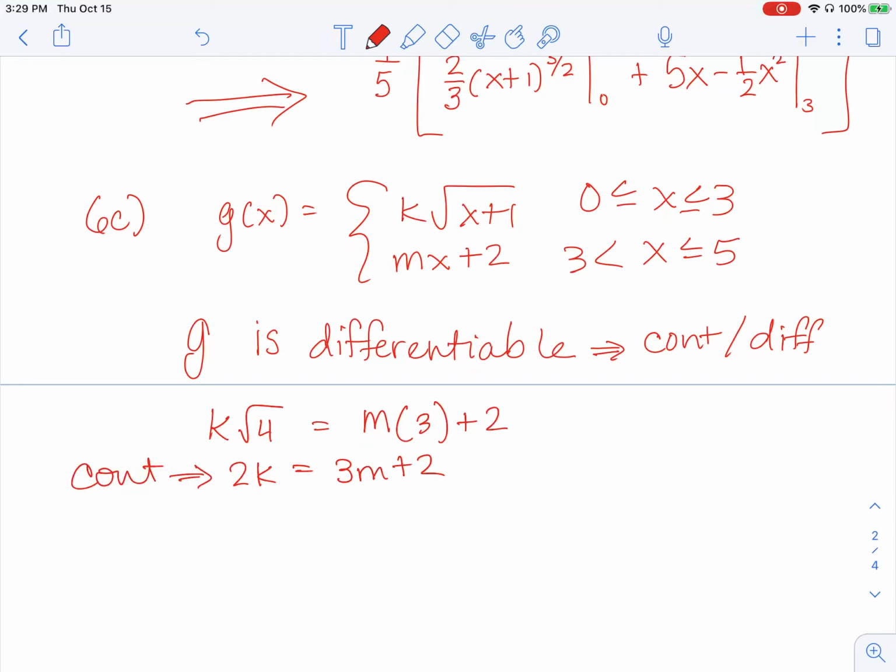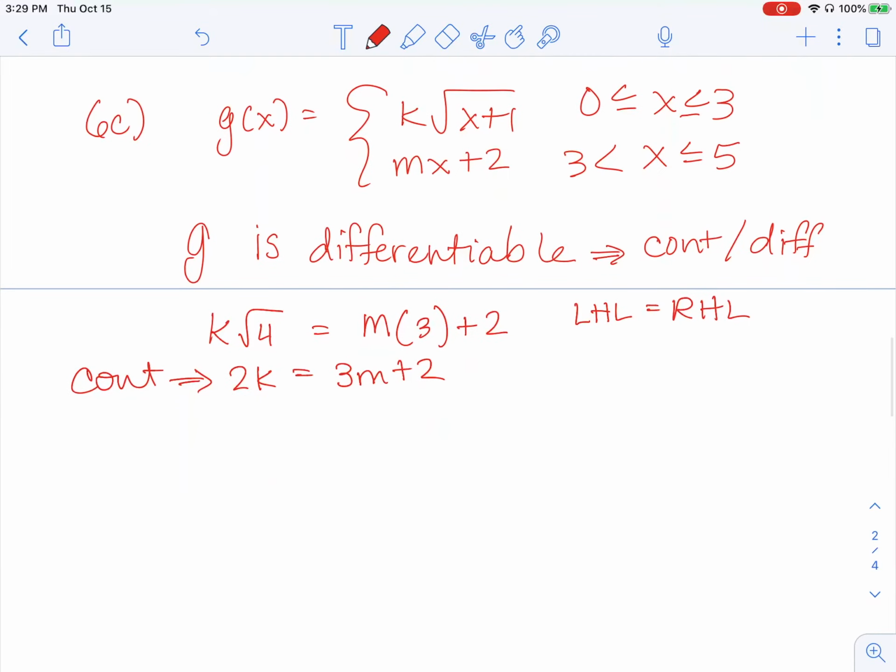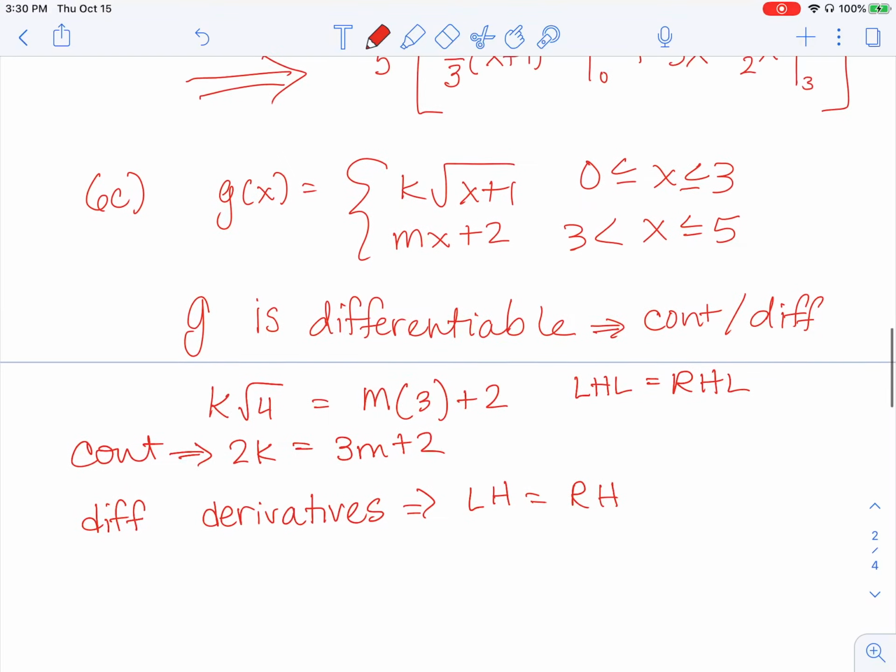That's what I have: the y values from the left and the y values from the right should be equal. So again, the left-hand limit is equal to the right-hand limit. And then the second thing is that it's differentiable. So that means the derivatives of both sides, from the left and the right, should be equal. What does that look like?